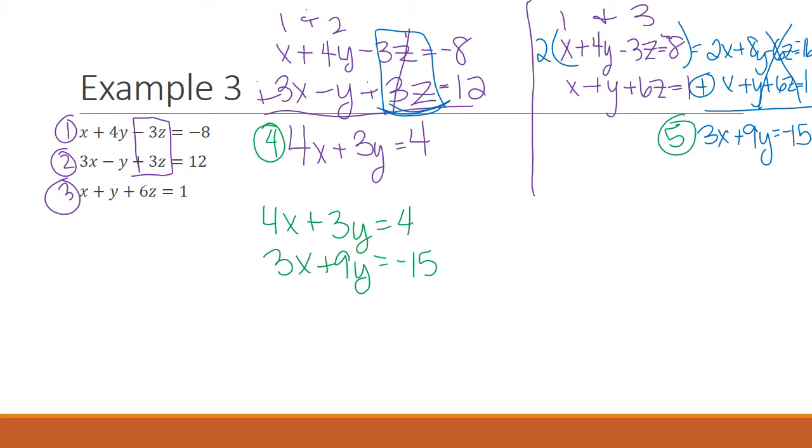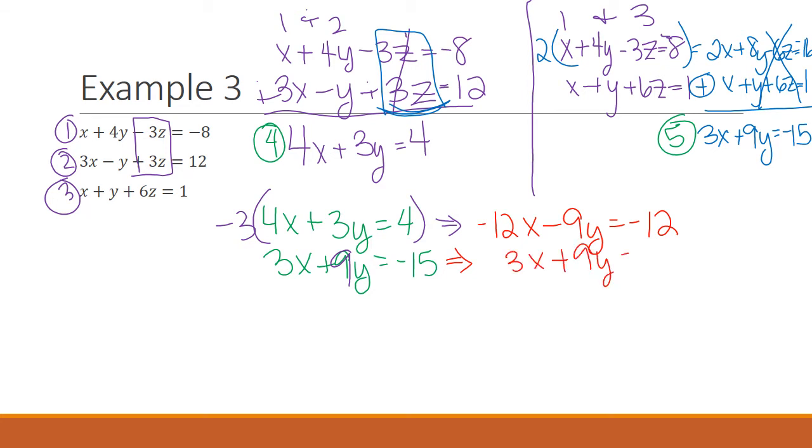So how can I get them to cancel out? Well, if I have a plus 9y here, I can multiply this equation by negative 3. That's going to give me negative 12x minus 9y equals negative 12. I can keep the same equation on the bottom, 3x plus 9y equals negative 15. And now when I add them together, those y's cancel out.